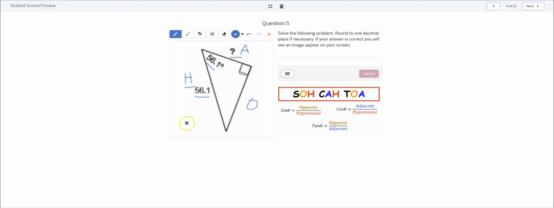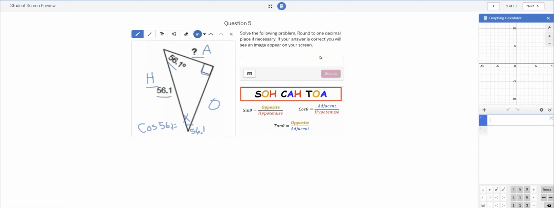So we have our cosine function we'll be using. The cosine of 56.1 degrees is equal to the adjacent, which is our x, over 56.1. Don't be fooled, those numbers were intentionally written to be the same just for fun. So x is high in our fraction, so we are going to multiply.